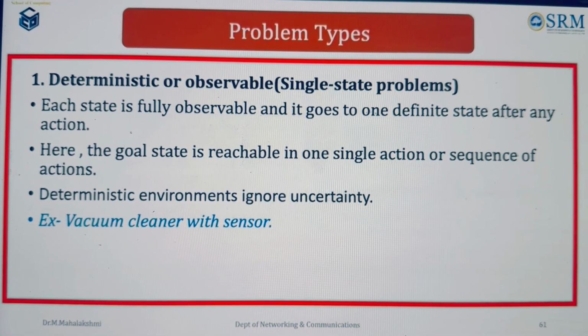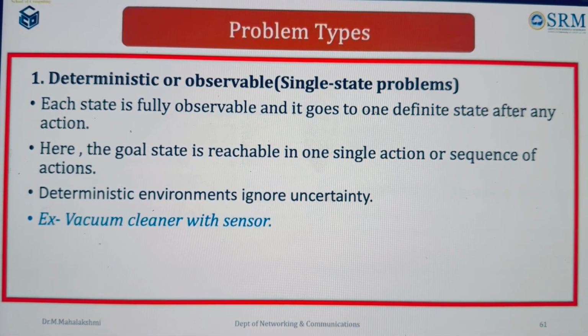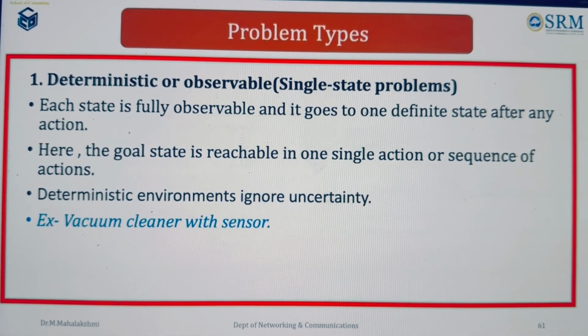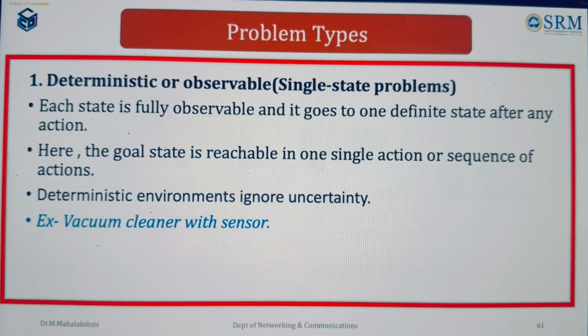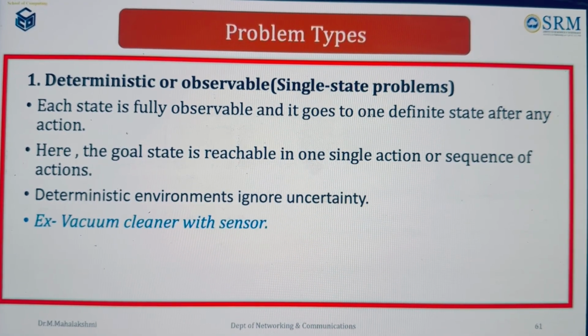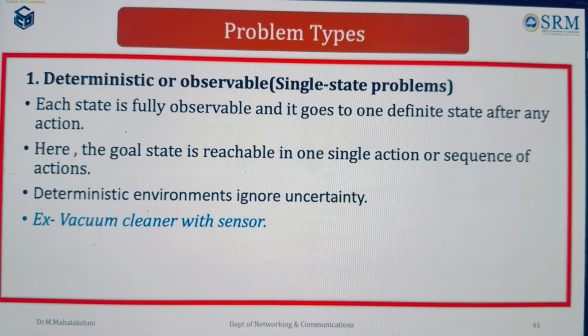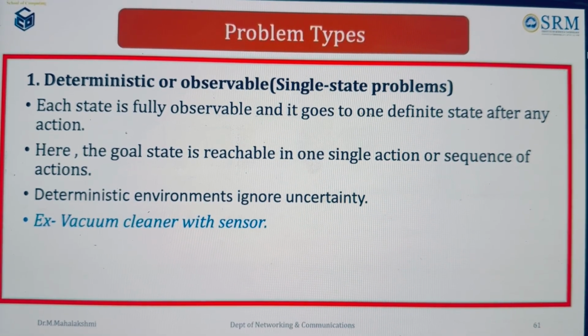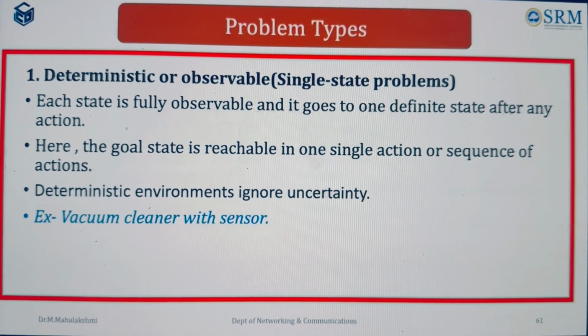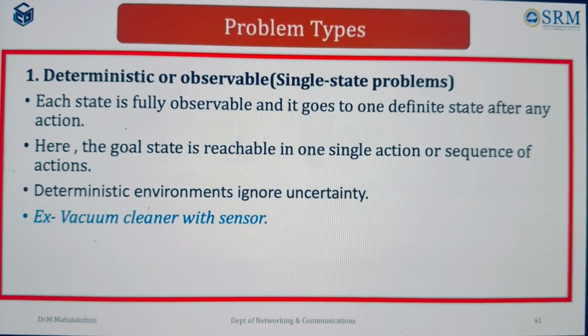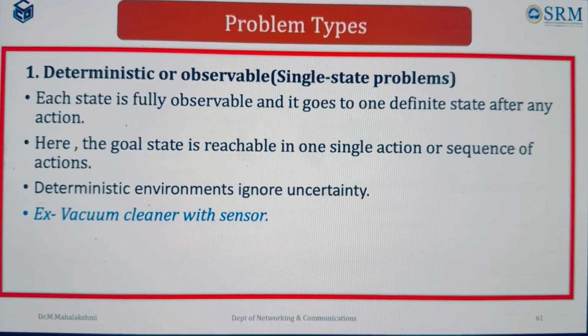But where you are going to play, what are the possible moves you have got? All these are observable because the entire board is visible to you in front of you. Whether you are playing or your opposition is playing. So that is known as an observable or deterministic problem.